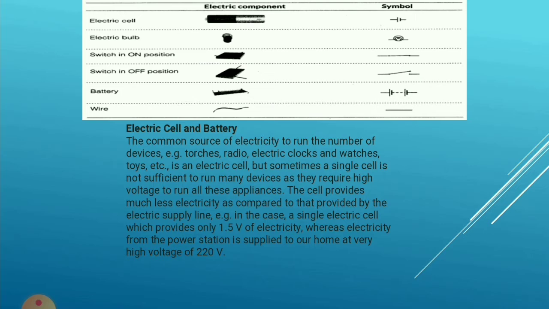The cell provides much less electricity as compared to that provided by the electric supply line. For example, a single electric cell provides only 1.5 V, whereas electricity from the power station is supplied to a home at a high voltage of 220 V.